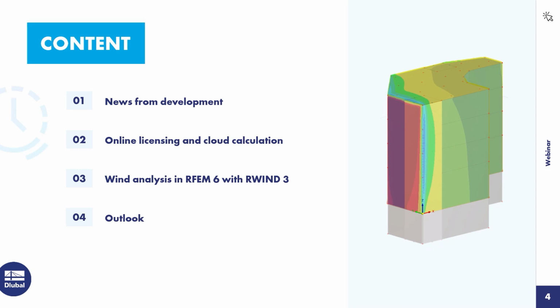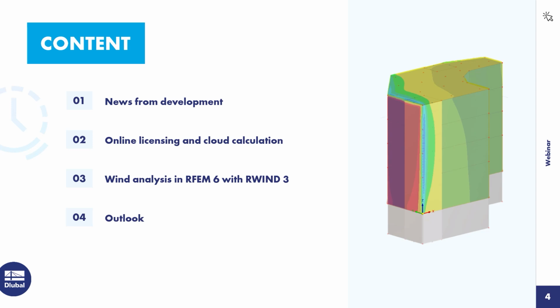Thank you, Andreas, for your introductory words. I also want to welcome you to today's webinar. Today we are going to look at 4 different topics. At first, I want to give you a quick overview of the latest development features that we've implemented into RFEM 6 and RWIND 3.